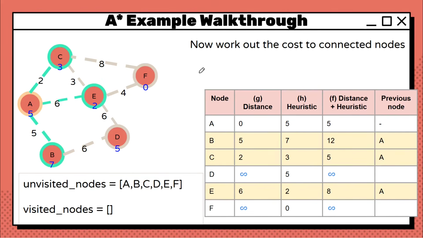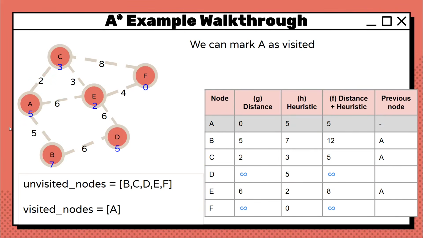If we do the same again from edges A to C, we know that the cost is 2 and the heuristic value is 3, which equals 5. And the cost from A to E is 6 with the heuristic value of 2, which gives us a total value of 8. Since we've worked out all the possible paths from A to its neighbors, we can mark A as having been visited.